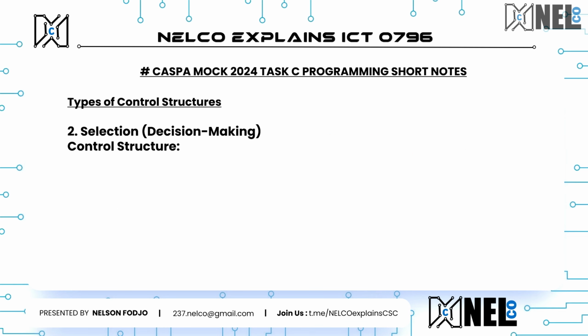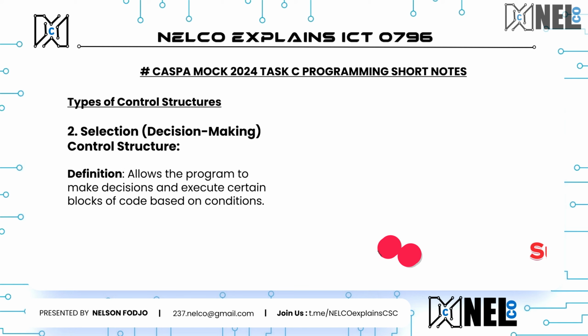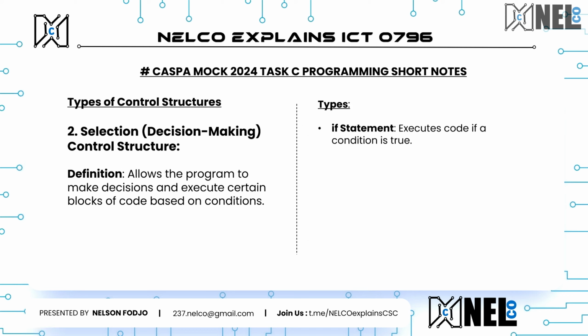The next control structure we're going to look at is the selection or decision-making control structure, which allows the program to make decisions and execute certain blocks of code based on conditions. Let's look at the types of selection control structure. The first one is the if statement, which executes code if the condition is true.